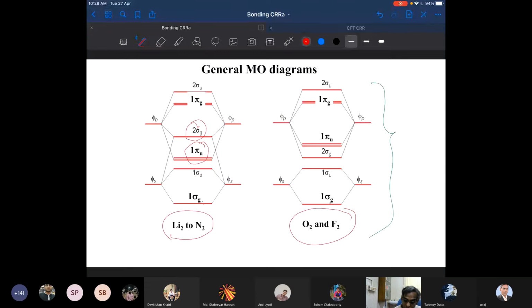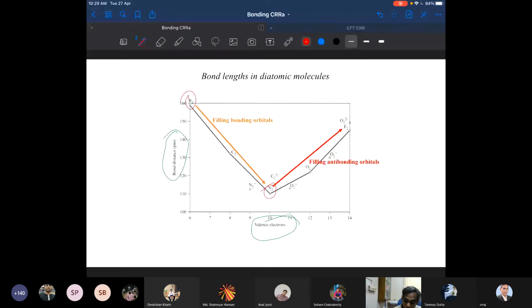From boron to nitrogen, I am adding electrons to the bonding MOs, right? I hope you are with me. Now, when I go further, I am filling the antibonding orbitals, from nitrogen to F2 and O2 2 minus.